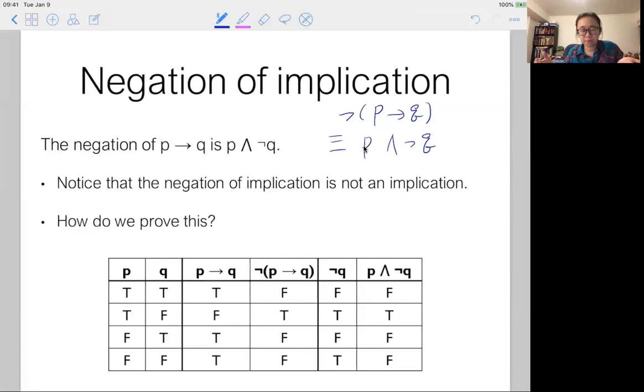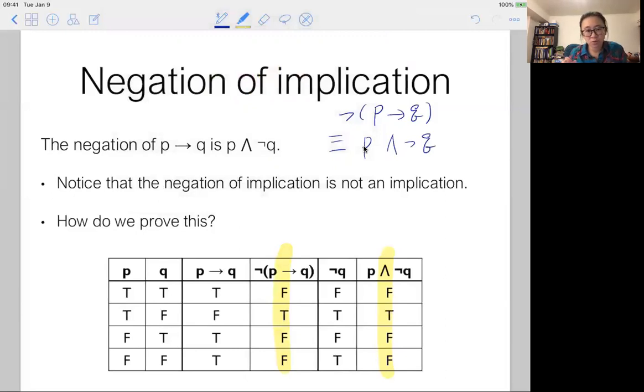But of course, we have the following question. Why are those two things logically equivalent? The way to prove it is to derive the truth table and make sure that the corresponding columns are identical. What you want to show is that after you fill the truth table, this column and this column have exactly the same corresponding truth values.